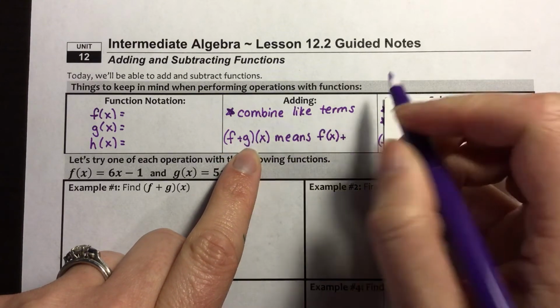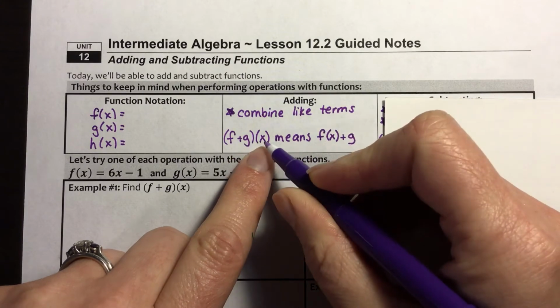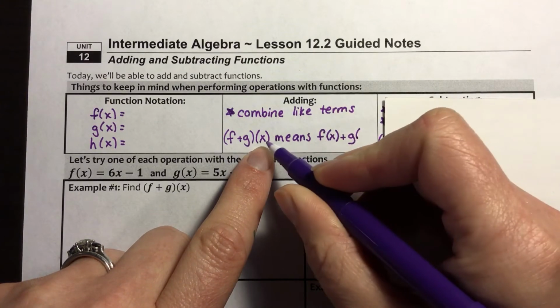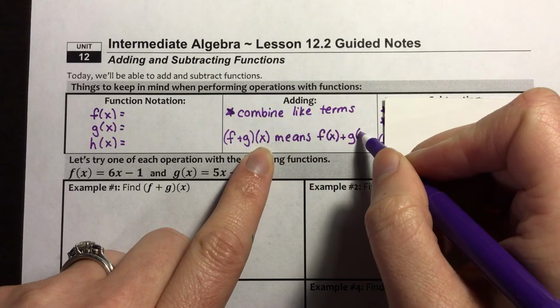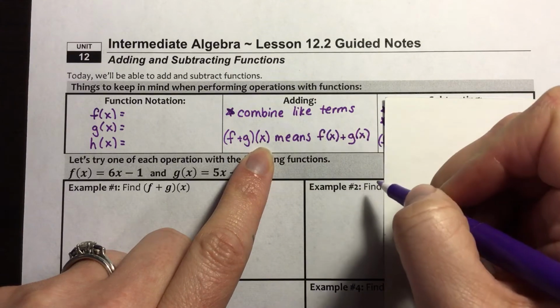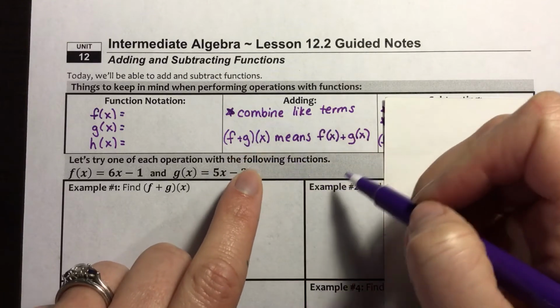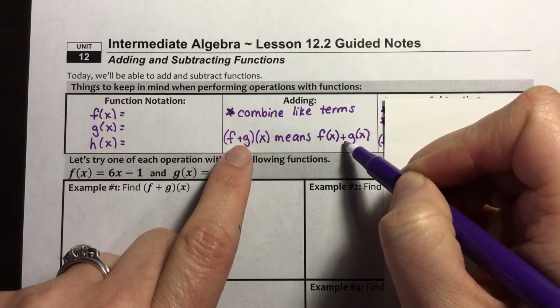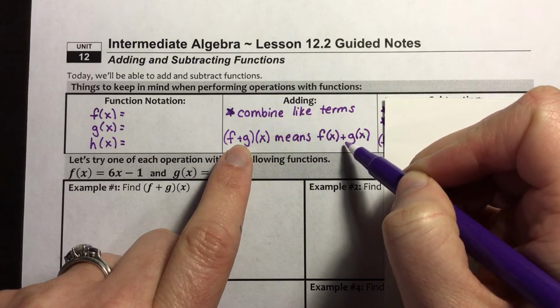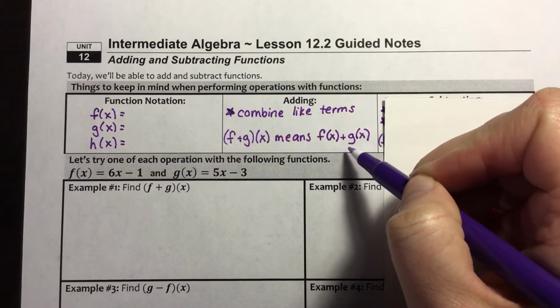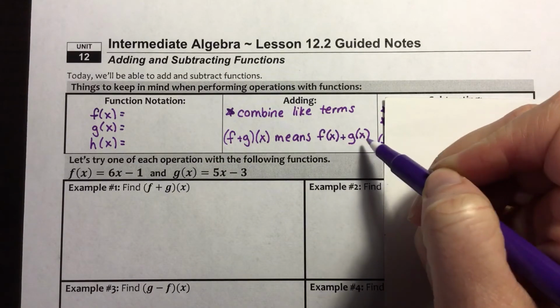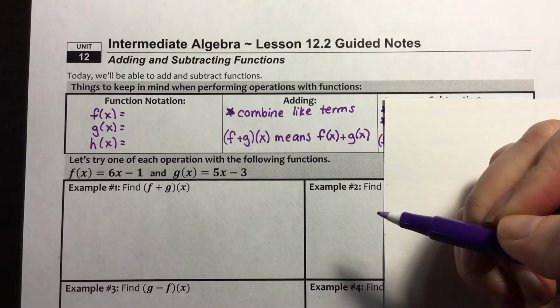Okay, now your next function is a g, and then you use parentheses for whatever number or letter that is again. Okay, so that x gets used for the f and for the g, and then in between those two functions you put whatever that symbol is for the operation. Okay, so we are going to be adding together our functions f of x and g of x. That's all that means.